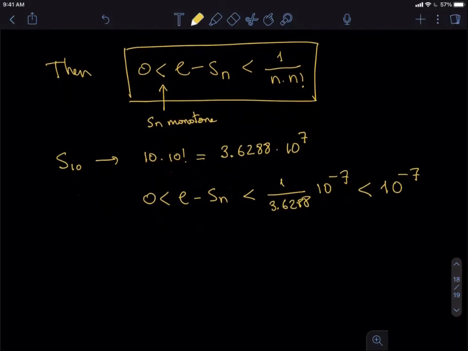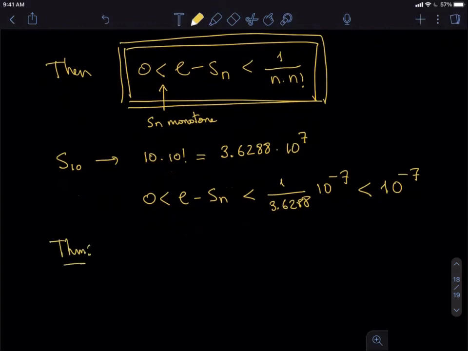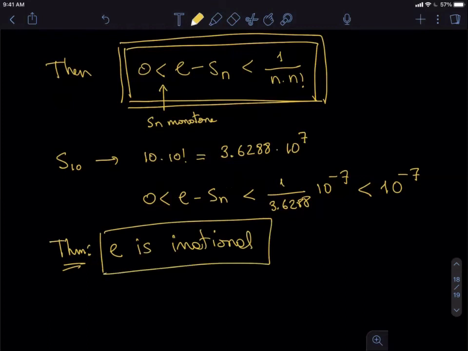But actually this inequality we have proved is very interesting because it allows us to show something that we have been mentioning but not actually proving, that e is irrational. And it follows from this inequality. Let's prove it.